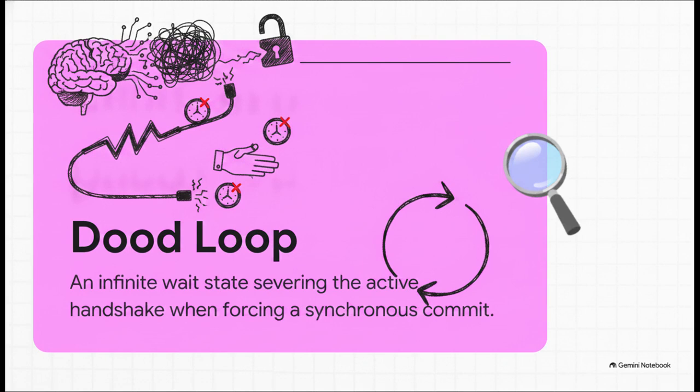If you attempt to force a synchronous commit with a decoupled external environment, it completely severs your active biological handshake. It drags your baseline down into an infinite wait state where there are just no more active, goal-directed vectors. So we're talking about a literal biological freeze caused by a computational error in how the connection is being processed.